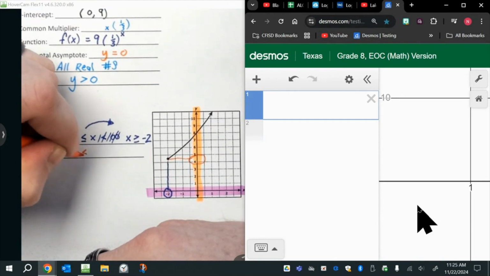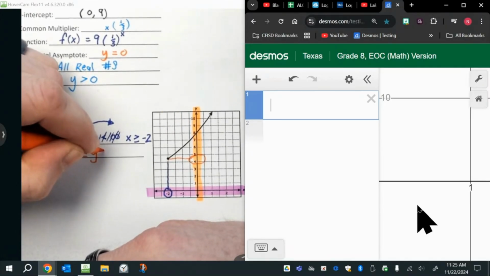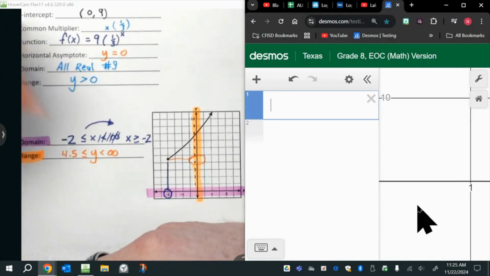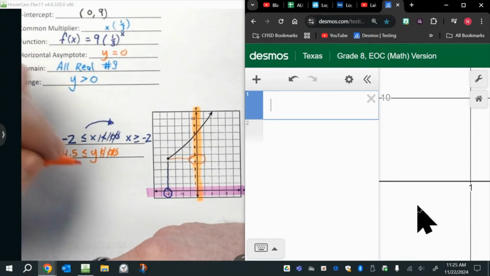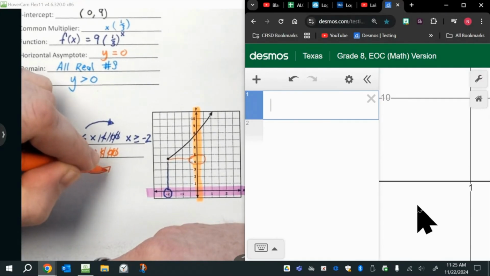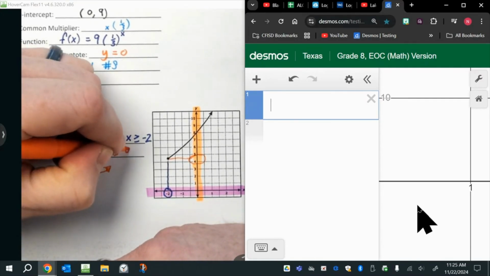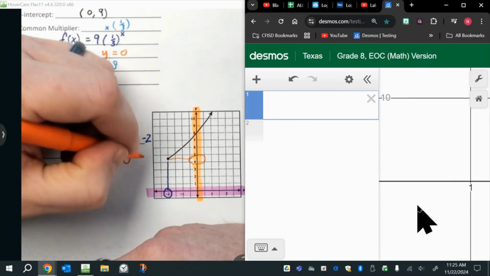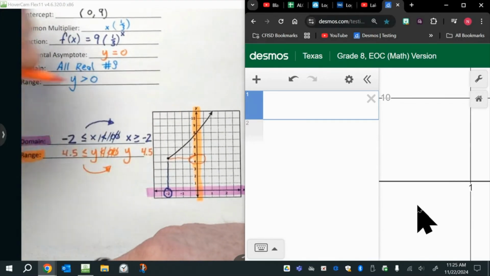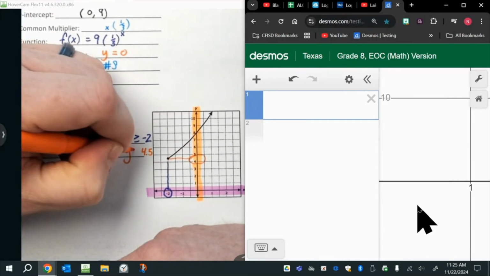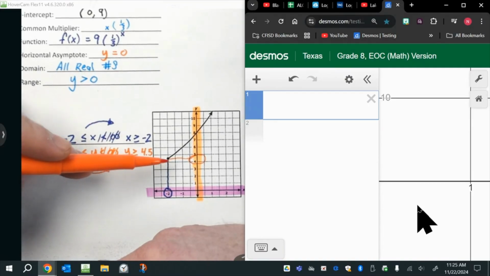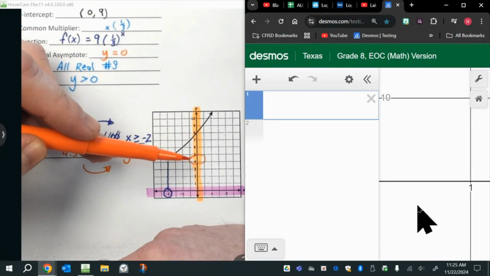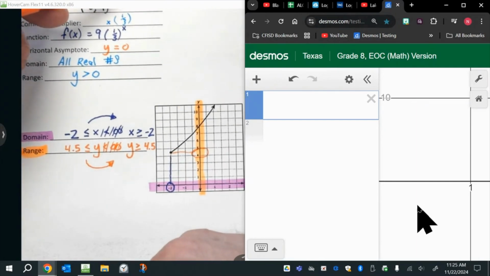And then I would say it goes up forever. But again, we don't write it like this with Algebra 1, with the little infinity sign. So when I rewrite this, it's going to read y goes first, 4.5 goes last, and my sign's going to open towards y. So this reads that y, all the values are bigger than or equal to that 4.5. It starts at 4.5 and it goes up forever.